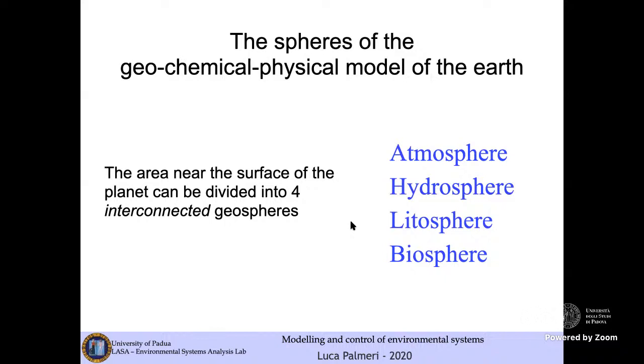This means that the atmosphere is in the air, but water may be found in the atmosphere in the form of vapor, or clouds, or things like that. But also we may find water, so a portion of the hydrosphere that is somehow mixed or interconnected with the lithosphere, like, for example, humidity on the surface of the planet.